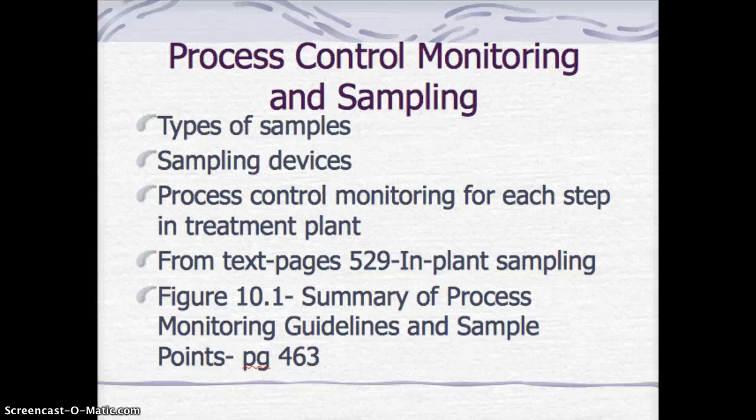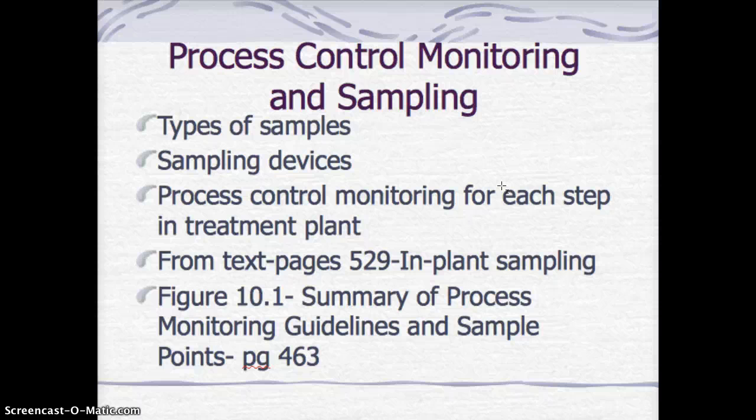So, process monitoring and control point. Process control monitoring and sampling. On page 463 of the textbook, I'm going to let you read most of that, but these are the points that they touch on: types of sampling, what kinds of sampling devices to use, and process control monitoring for each step in the treatment plant.